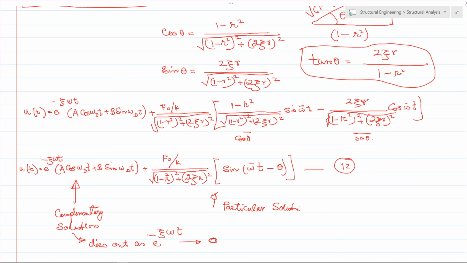What we will be left with is our particular solution, which is called the steady state solution.